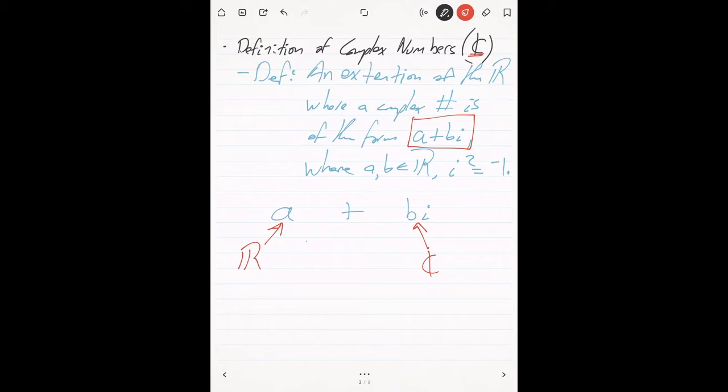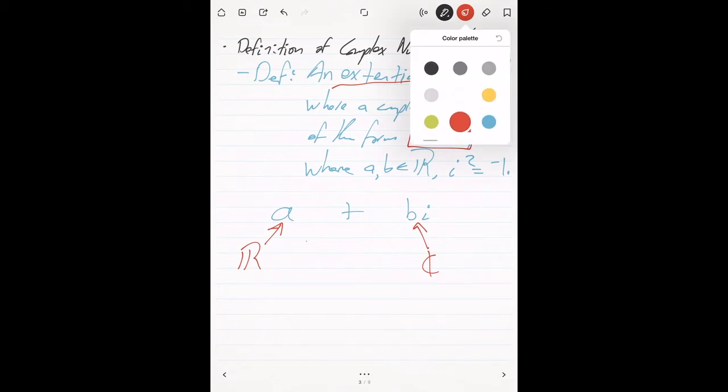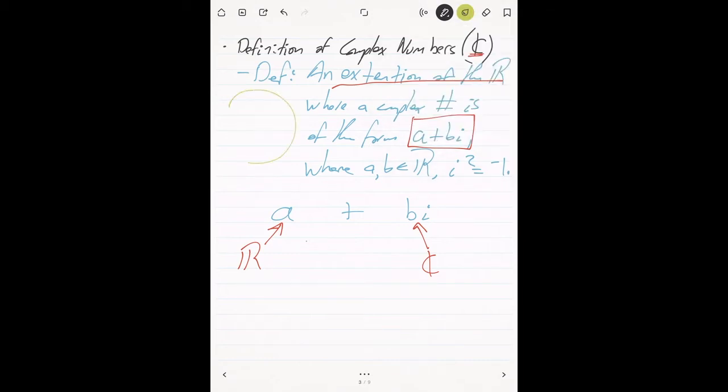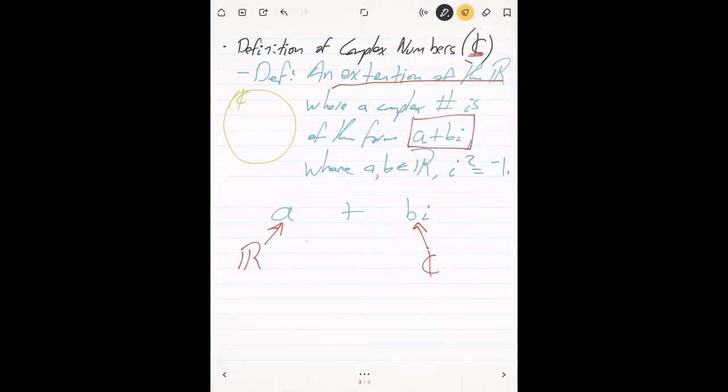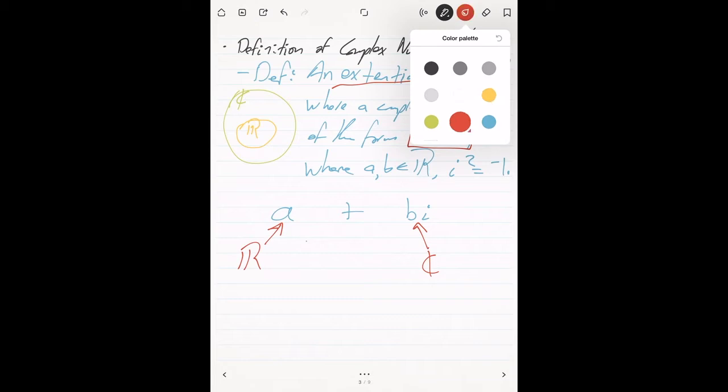Now, I mentioned that the complex numbers are an extension of the real numbers. So imagine I have a set of all the complex numbers. Of course, that's not real, right? There's infinitely many. But imagine I had all of them. The real numbers are just a subset of the complex numbers.